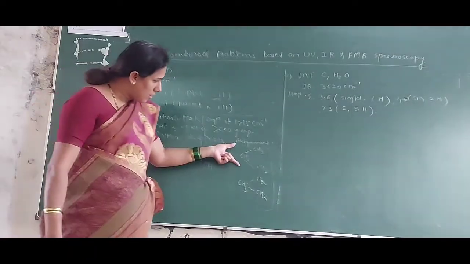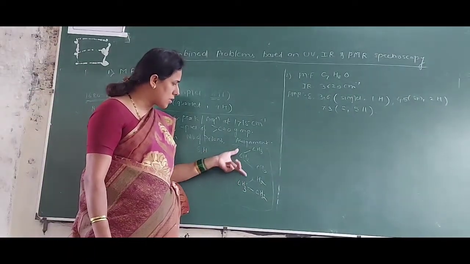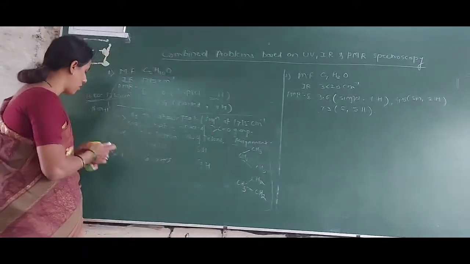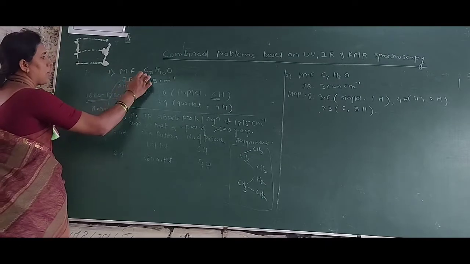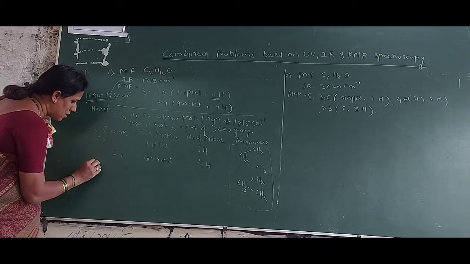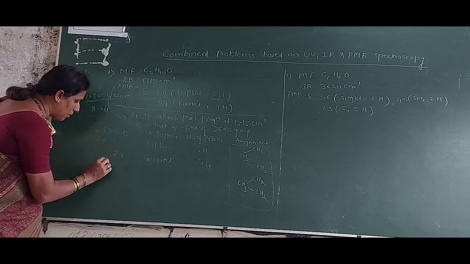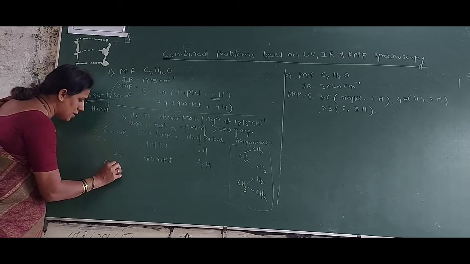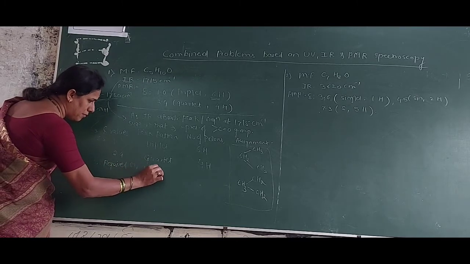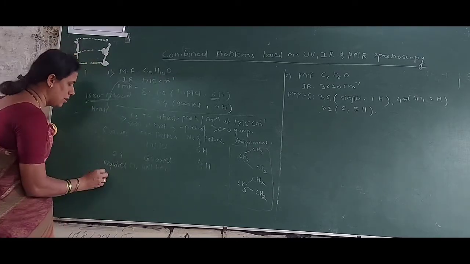The structure is somewhat symmetrical according to our observation. So according to the formula, you can suggest the structure. What will the required structure be?